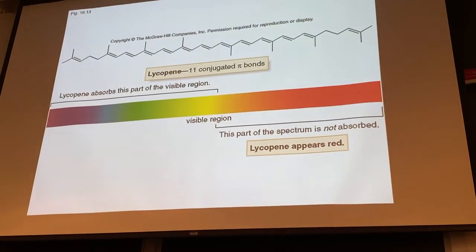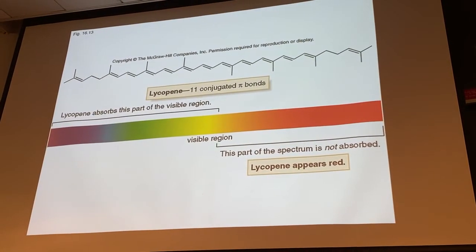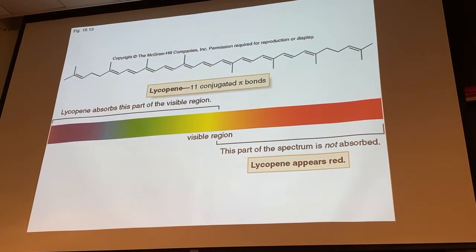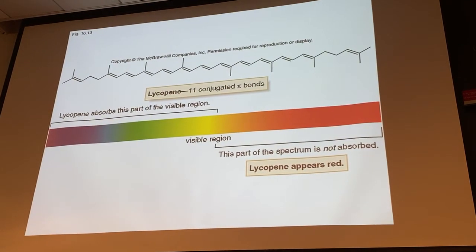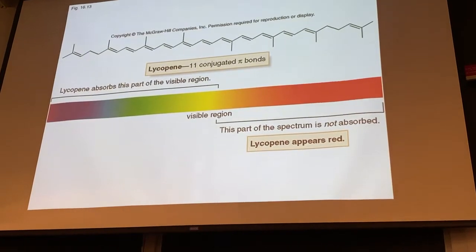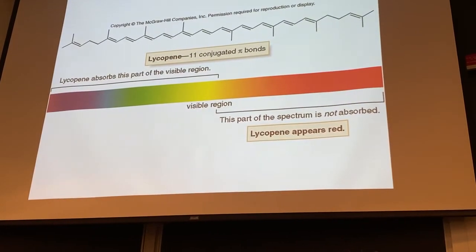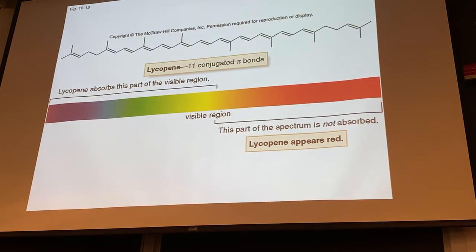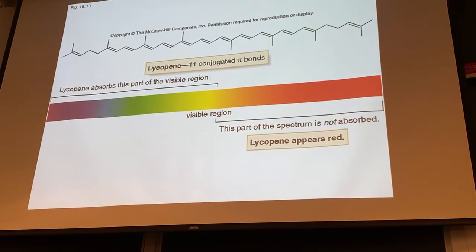So lycopene's lambda max is 470 nanometers, and that's in the blue-green region of the visible spectrum. So lycopene absorbs blue and green light, and it reflects red light, and so substances that have lycopene in it will appear red. And what has lycopene? Tomato juice. Tomatoes have lycopene. Lycopene is what makes tomatoes and tomato juice red.